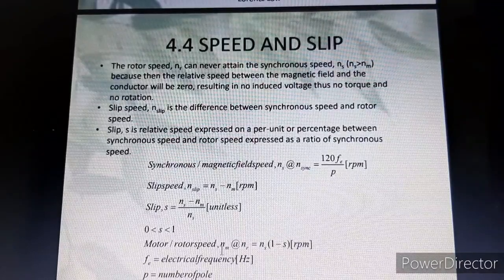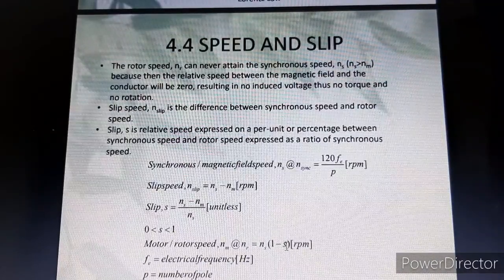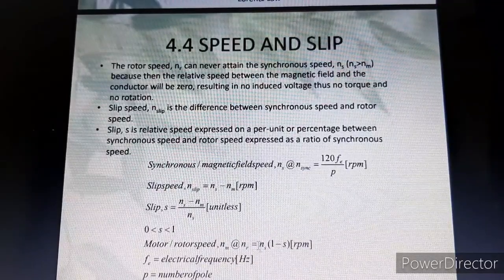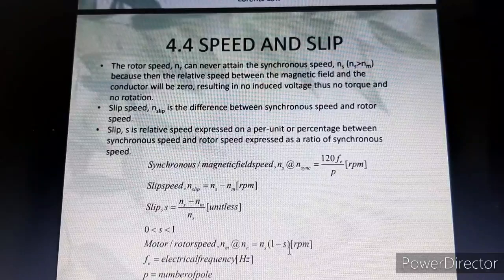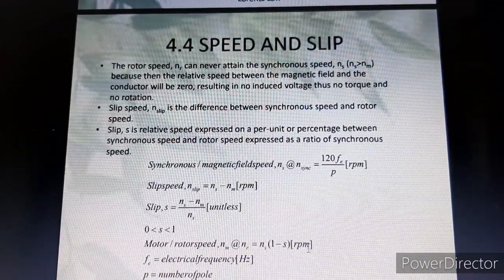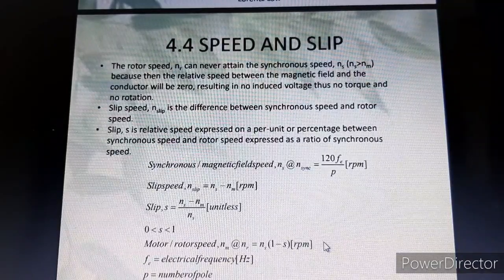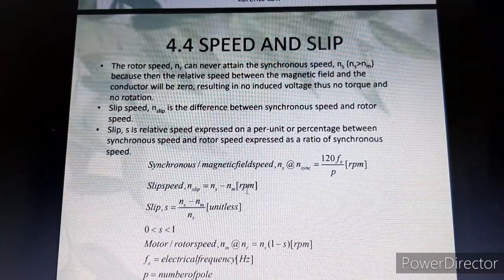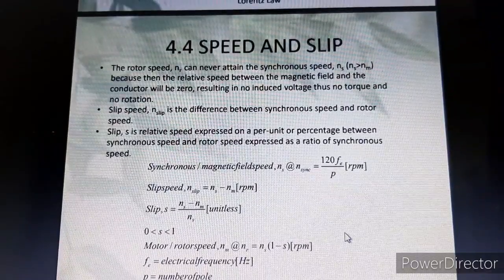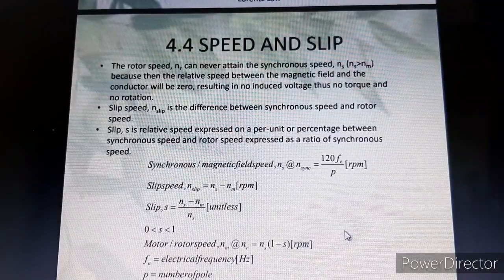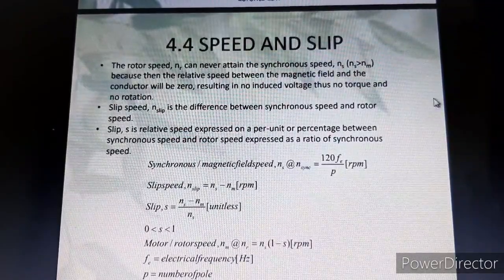The formula for the motor or rotor speed just now comes from this equation. Rearrange it and you get nm, which is equal to ns times (1 minus s). All the speeds here, nsync, n slip and nm or nr, are in the unit of RPM, while slip is unitless because it's a ratio.